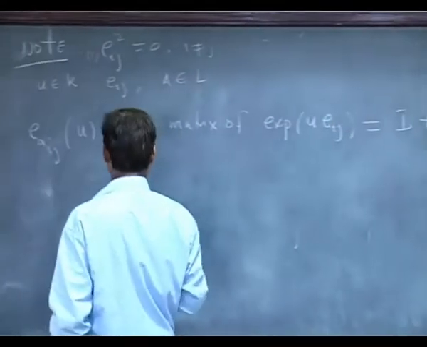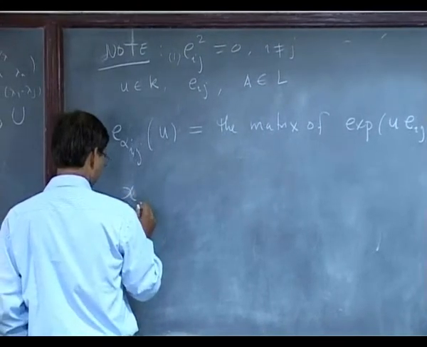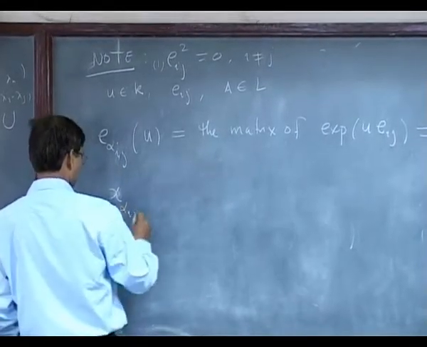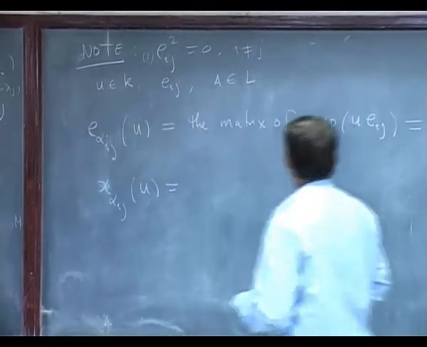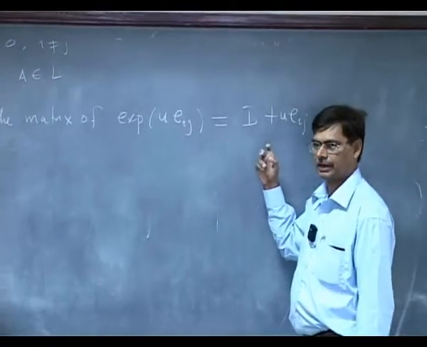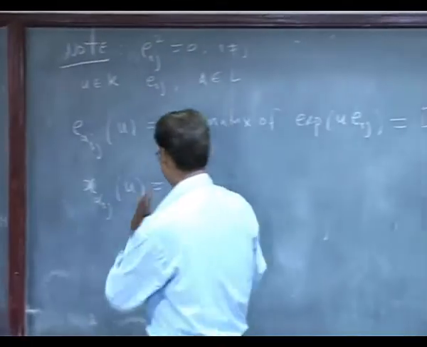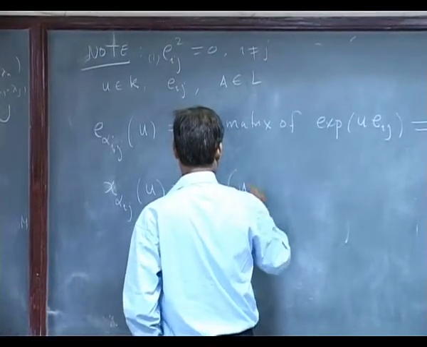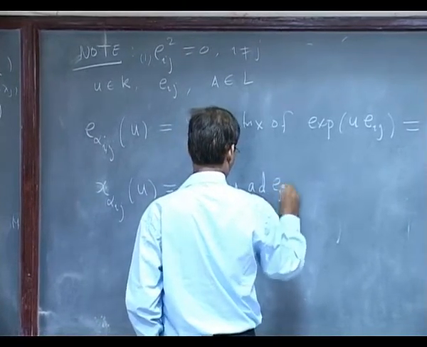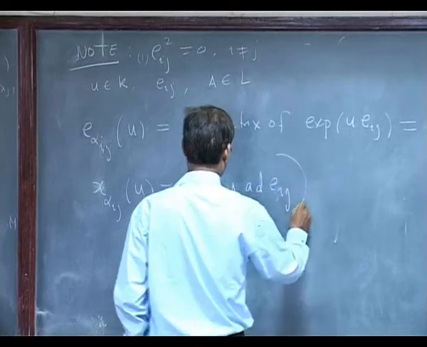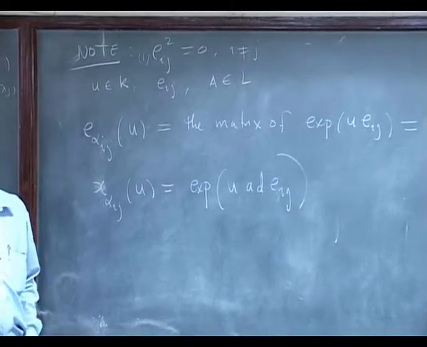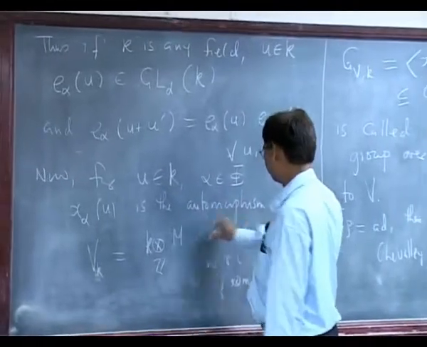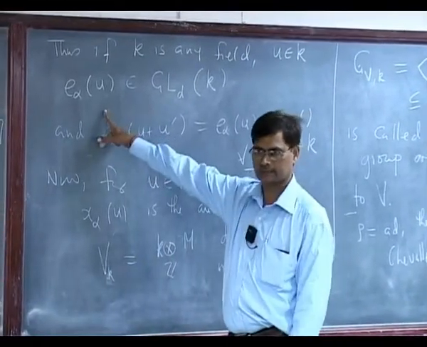And what is the transformation associated with this? x alpha_ij of u is the transformation, the automorphism associated with this matrix, right?